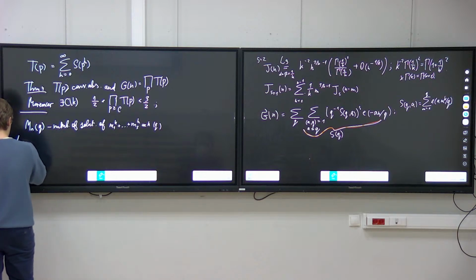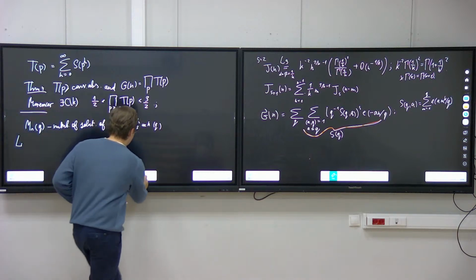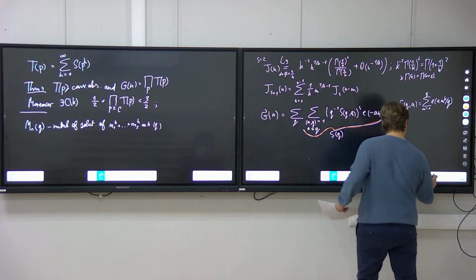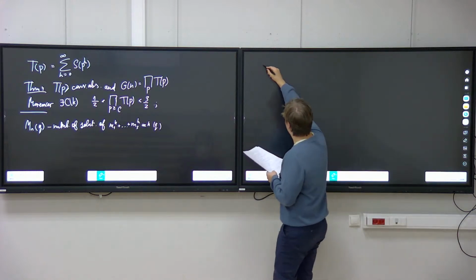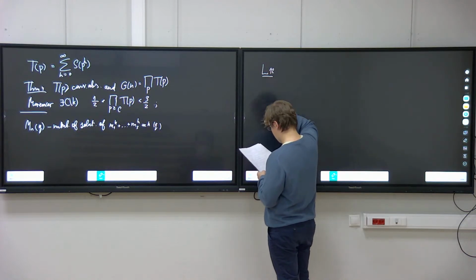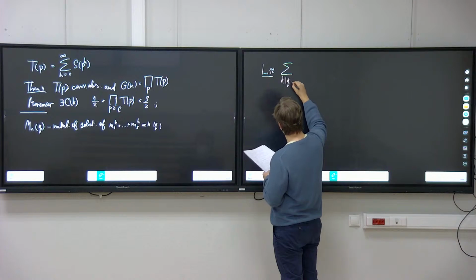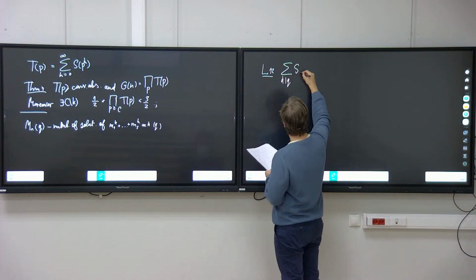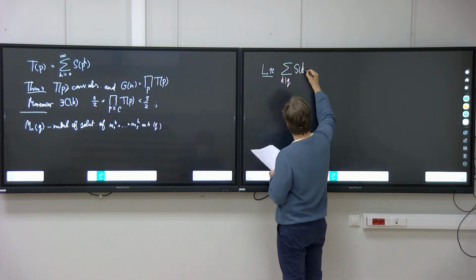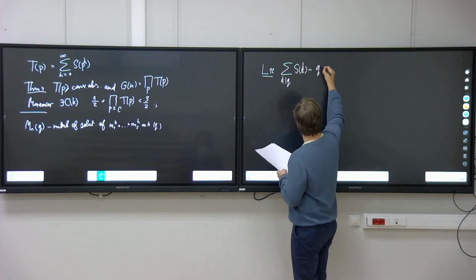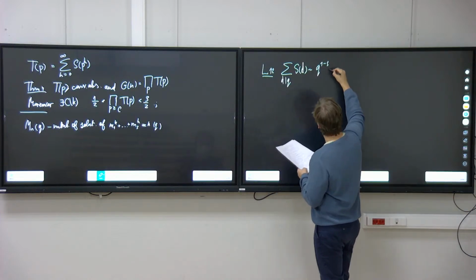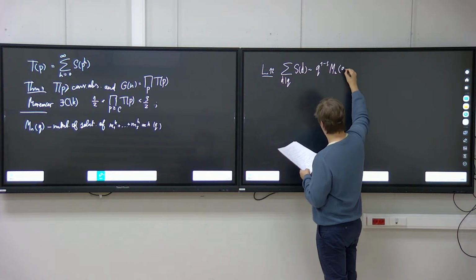And the lemma is that the sum over d dividing q of S of d is q to the power 1 minus s times M_n of q.